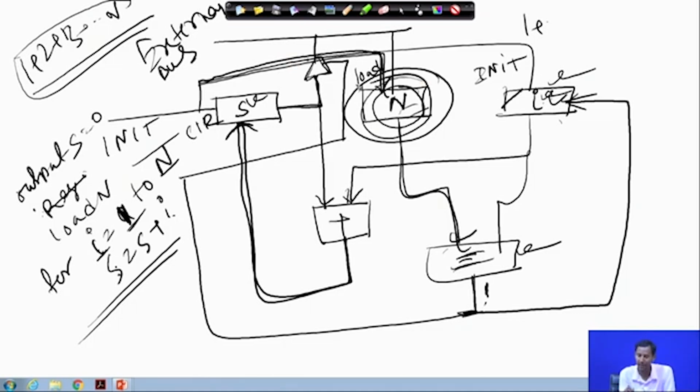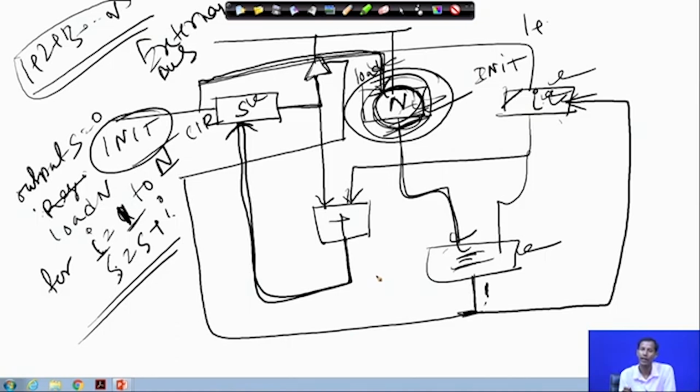But n is not doing anything. Only at the start of this init signal it is loaded from the external bus, and then it is sitting idle, that value of n is not changing in any of these clock cycles. So can I remove this n?